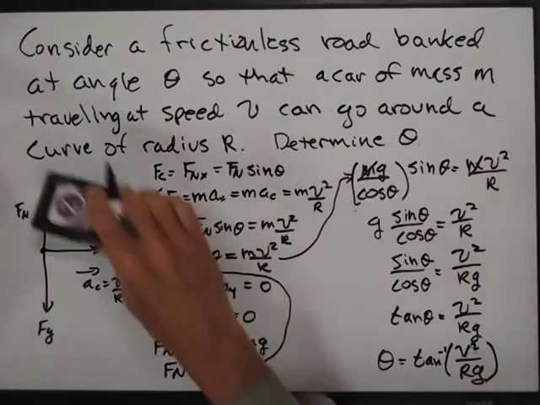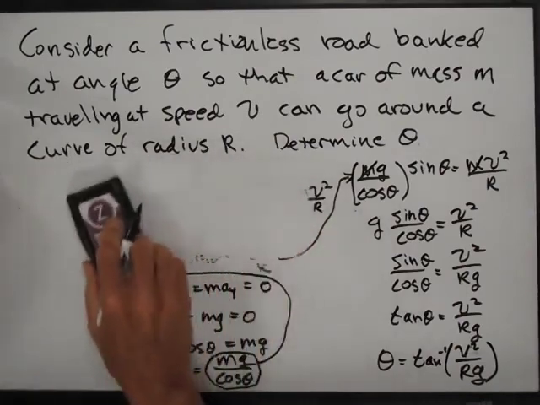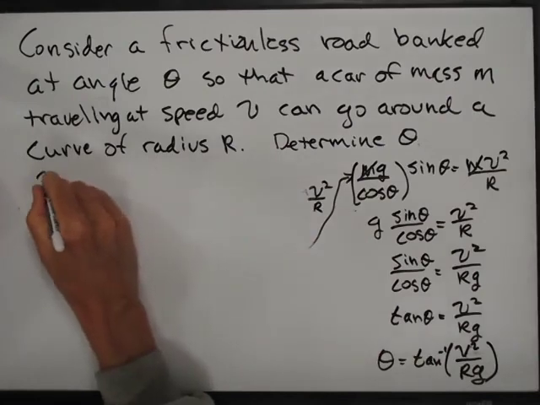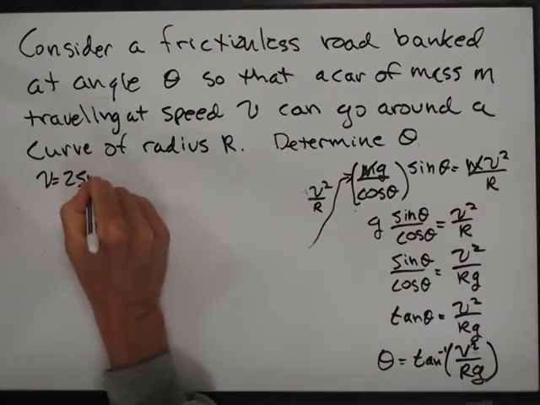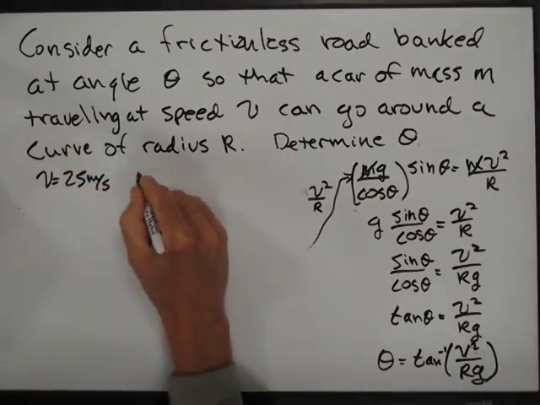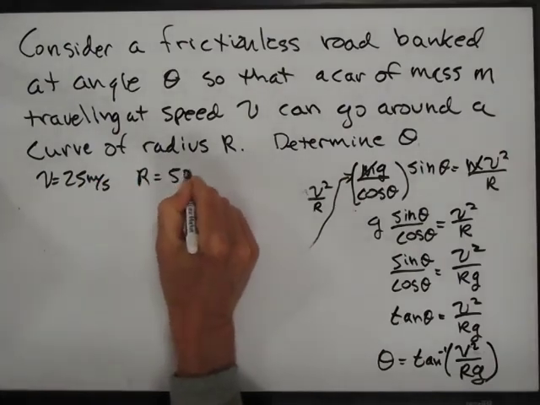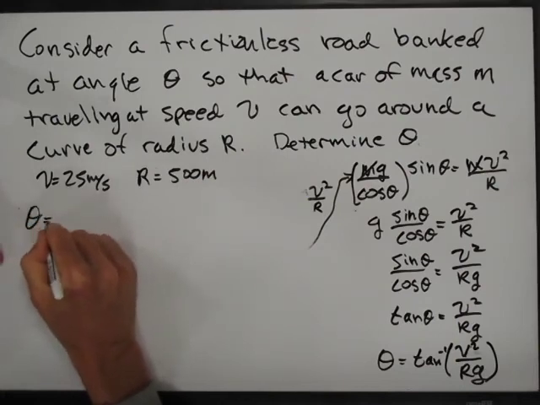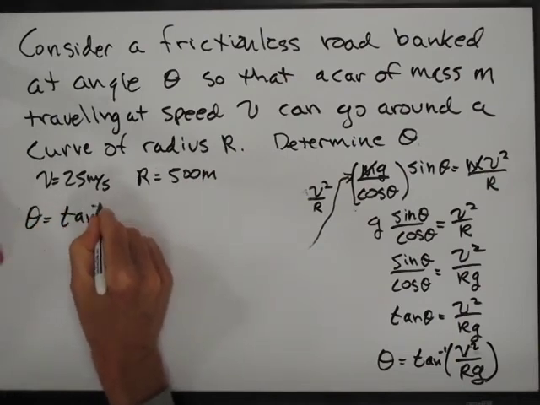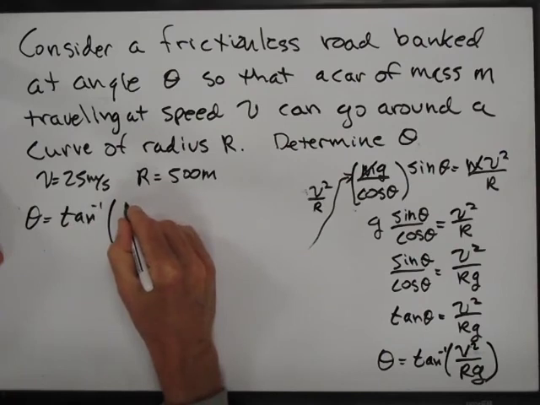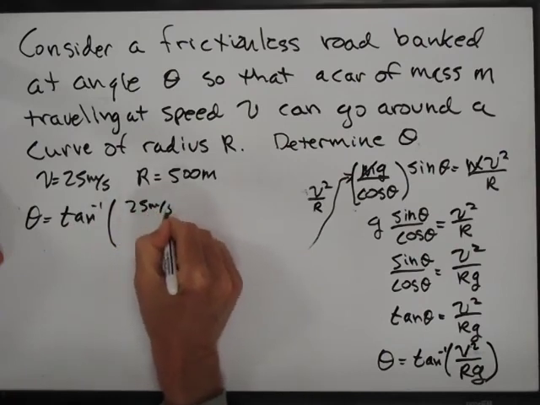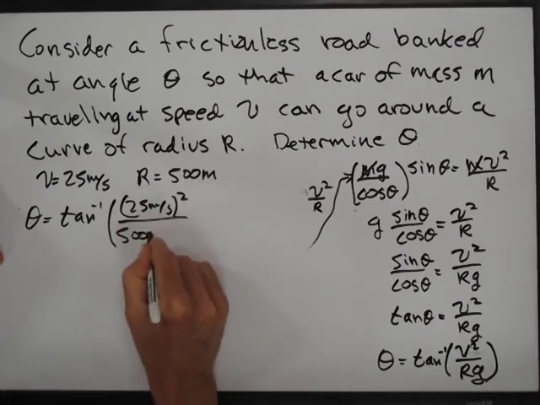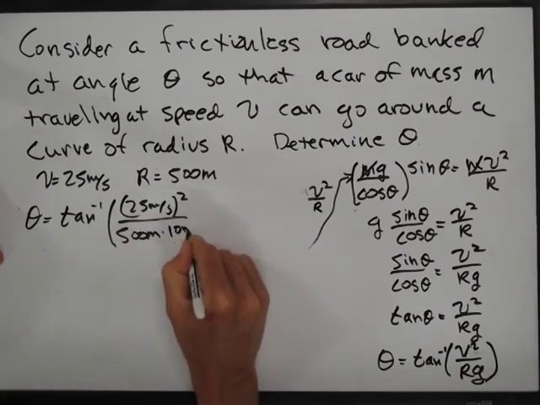And if I want to come all the way over to here, in the kind of problems we've been looking at, like in the last problem, v is 25 meters per second and r is 500 meters. That means theta is equal to tan inverse of 25 meters per second squared over 500 meters times 10 meters per second squared.